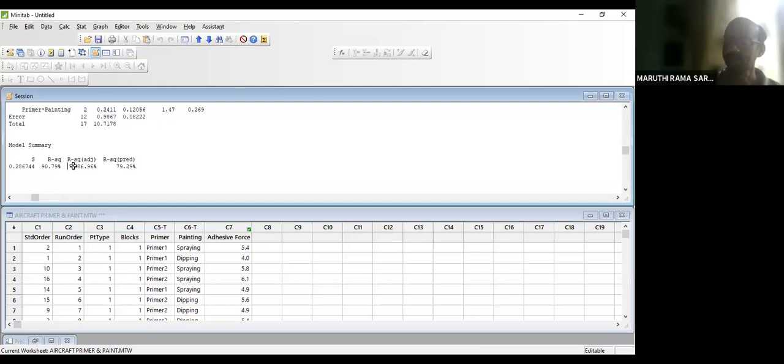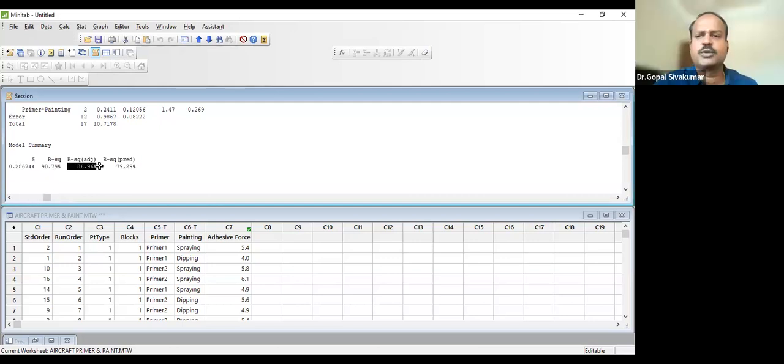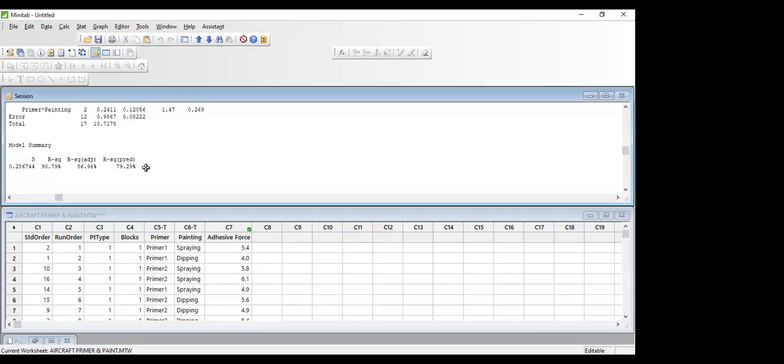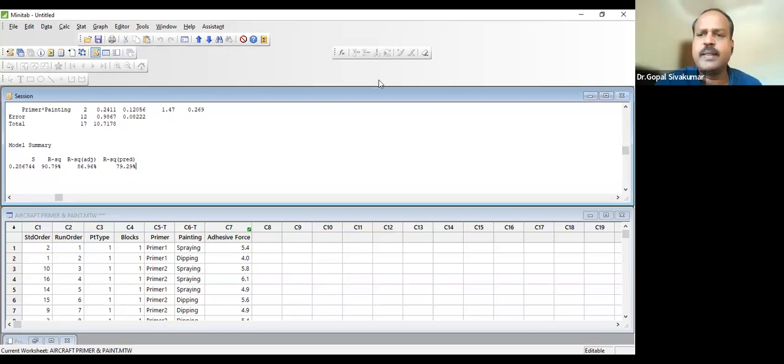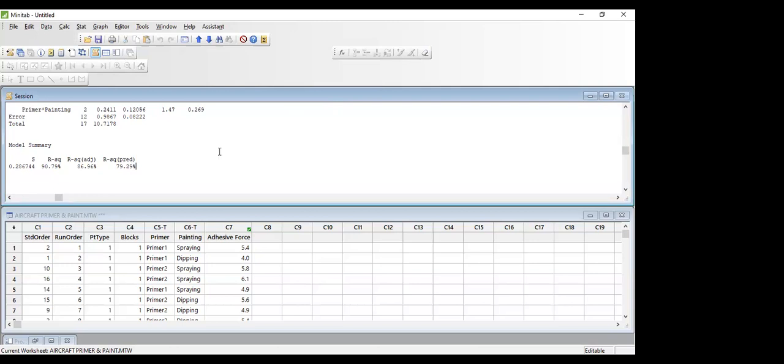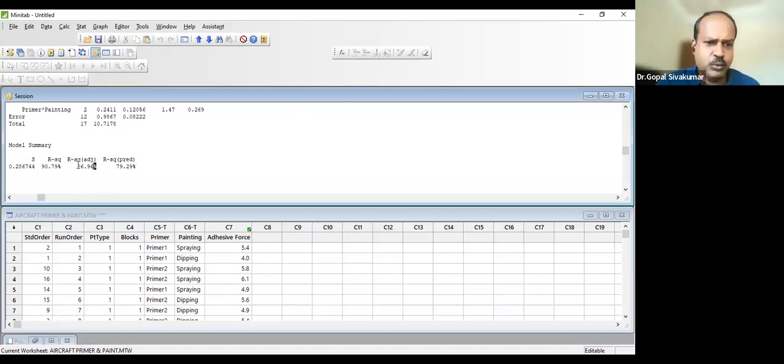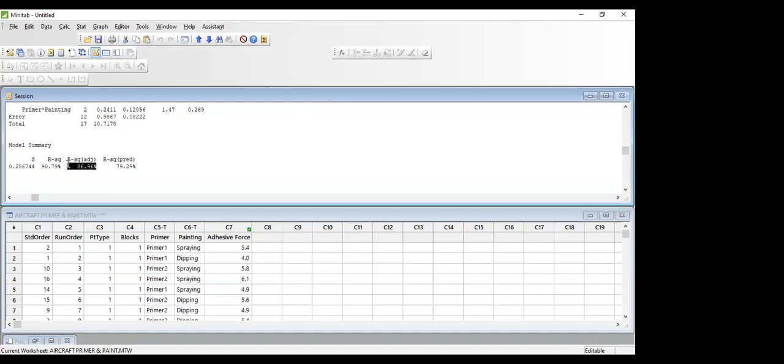So R square is there, adjusted R square is also there. CP is there, CPK is also there. If I give you CP as well as CPK, which one will you use? CPK. Similarly, when you have adjusted R square, please look at adjusted R square, not R square.